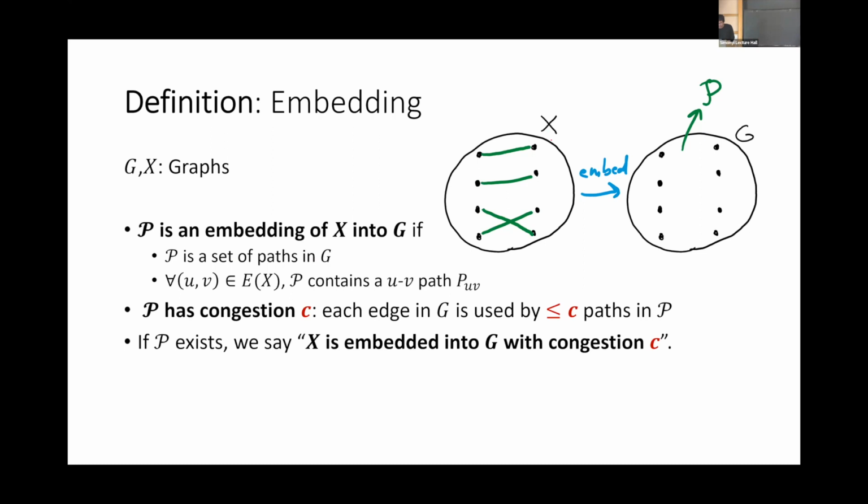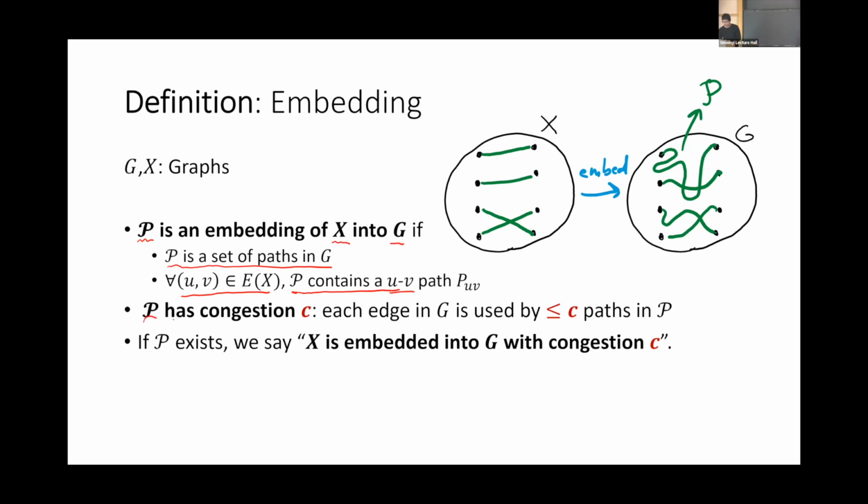When you have two graphs, let's say X and the graph G, I say that a set of paths P is an embedding of X into G if P is a set of paths in G, and for every edge UV in X, P contains a path between U and V. It's a similar setting to the expander routing that we have seen before.